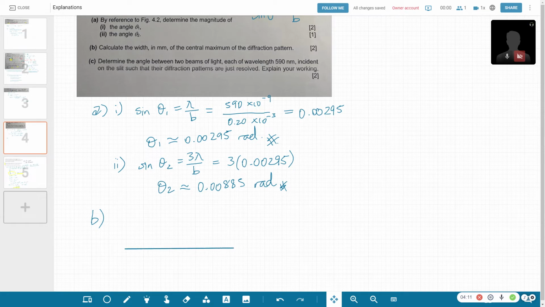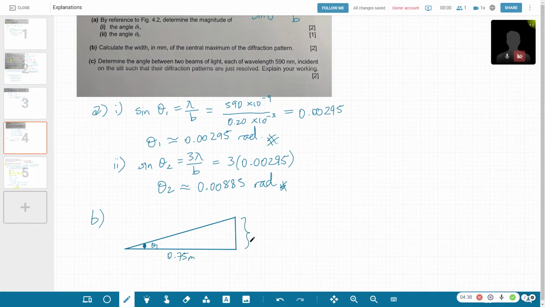So you probably have something like that. Here is theta 1, this is your 0.75 meters.